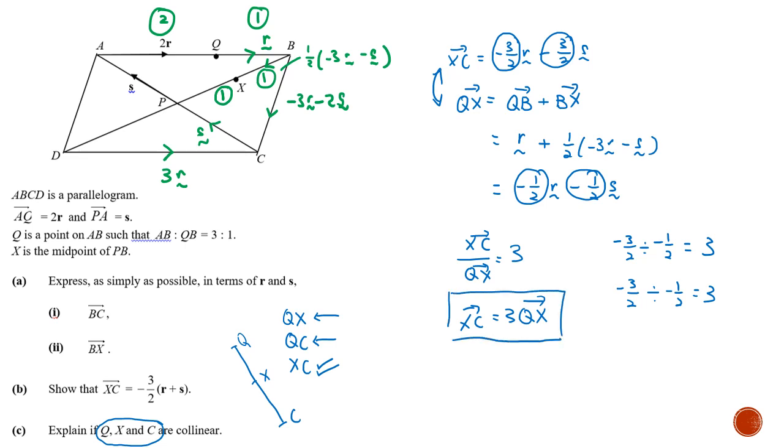This will show us that XC is parallel to QX because they are equal vectors multiplied by a scalar multiple.